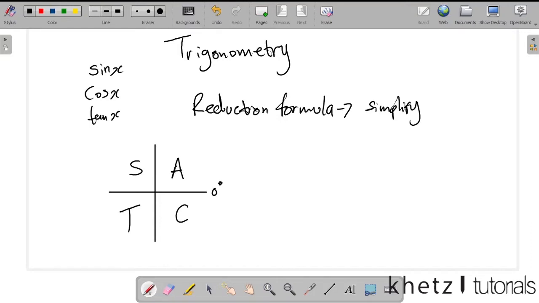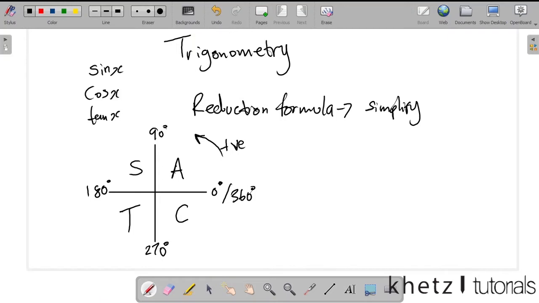And you have 0 degrees over here, or 360 degrees. You have 90 degrees over there, and you have 180 degrees over there, 270 degrees down here. Now, on this diagram, or on this Cartesian plane, we basically have the anti-clockwise direction as increasing or positive, right?